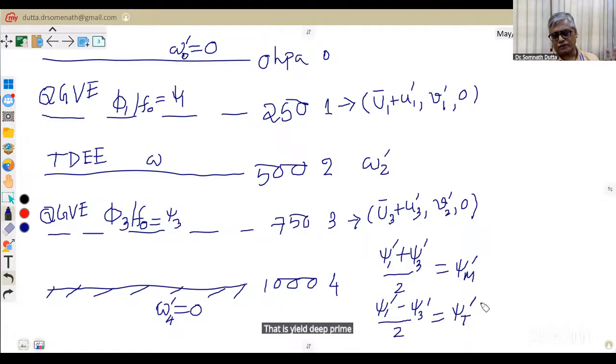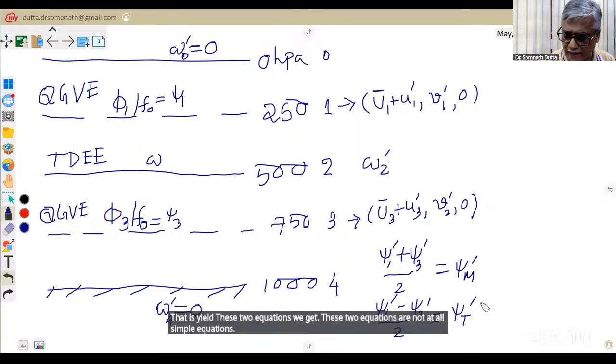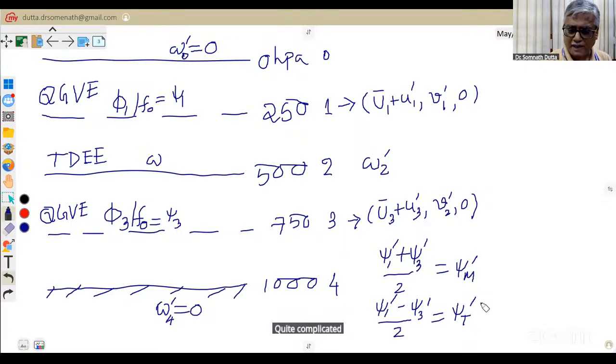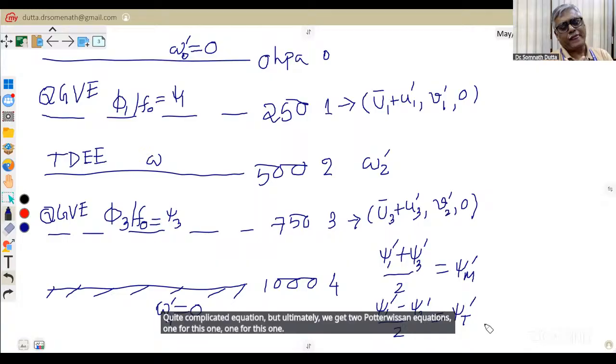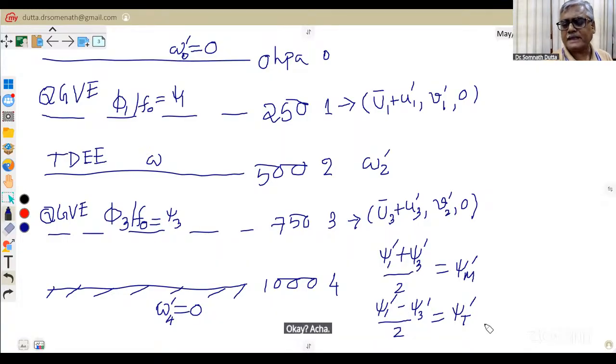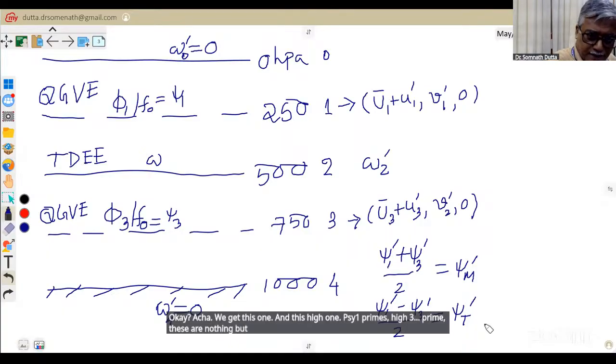These two equations are not at all simple, quite complicated, but ultimately we get two perturbation equations. And psi 1 prime, psi 3 prime are nothing but the perturbation stream functions. Okay, fine.